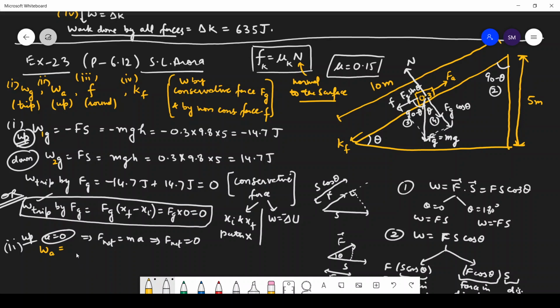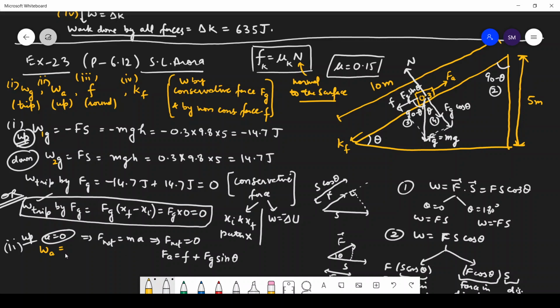It means that Fa, the net force in this direction, is equals to the force in downward direction. So F plus Fg sin theta. So now this is Fa, F plus Fg sin theta.